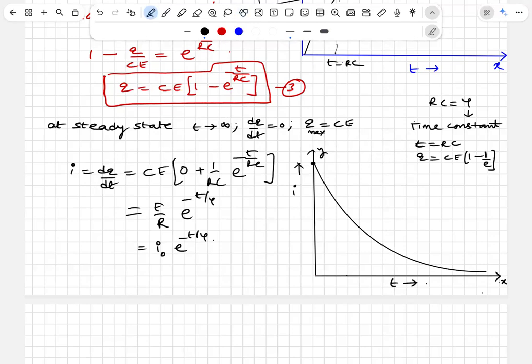At t is equal to 0, the current is I naught. At time t is equal to tau, it will become 1 by e times the maximum value. 1 by e is 0.37, so 0.37 times the maximum current.